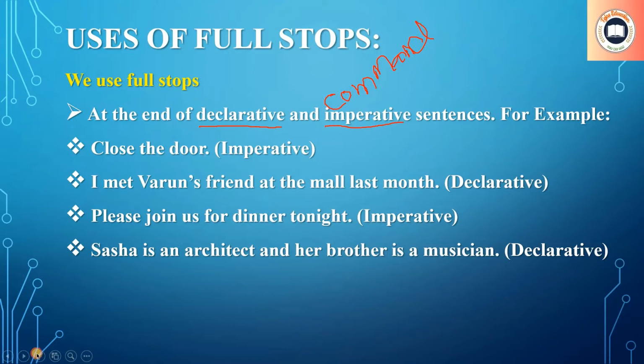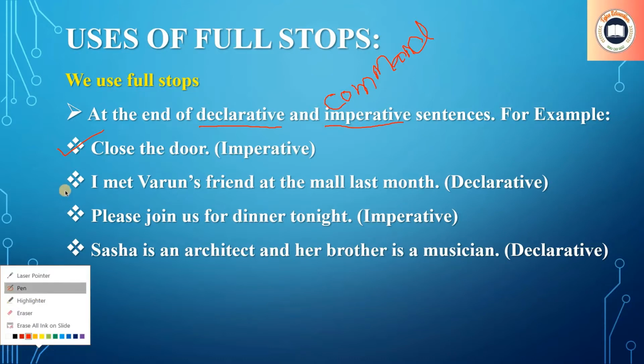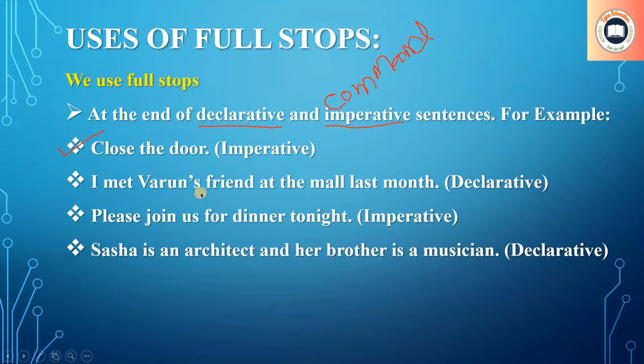Okay, so we have seen about the first example. Now let's see about the second example. I met Varun's friend at the mall last month. So the speaker says that he met Varun's friend at the mall last month.